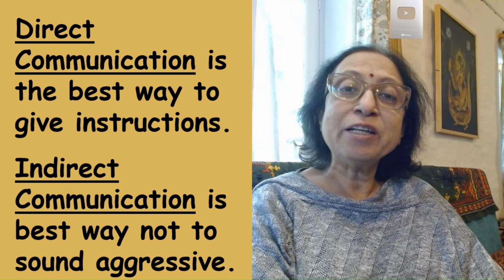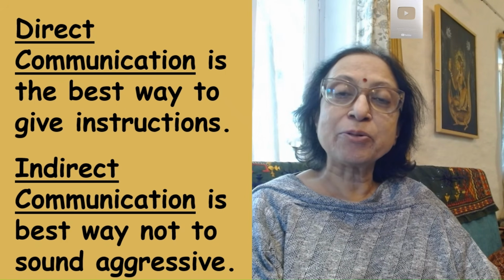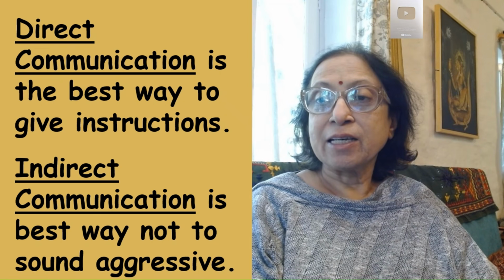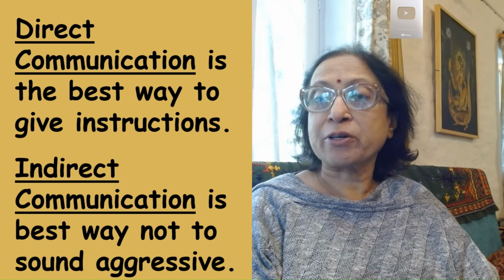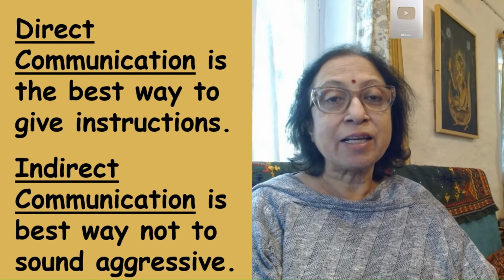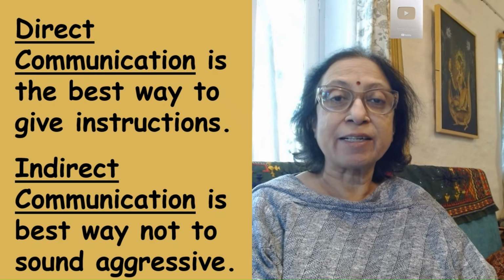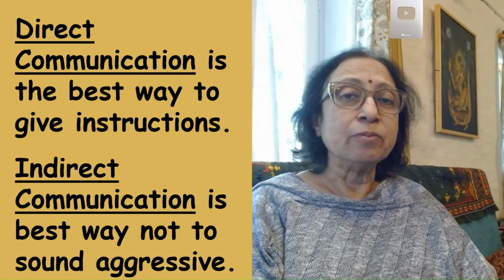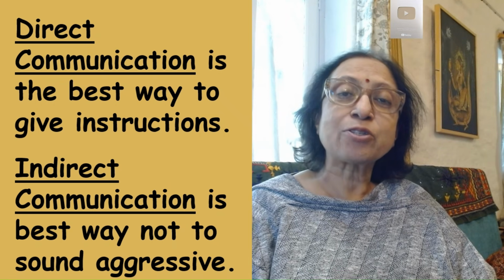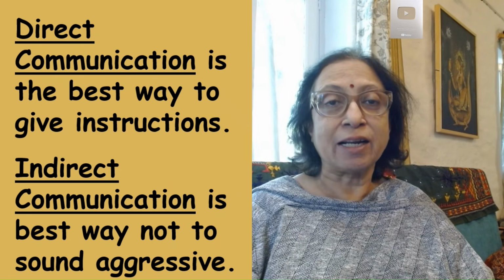Tip number 4 is where you can use it best. Where should you use direct communication which is best suited for that context? If you want to give instructions, or if you want to say something where the person has to follow whatever is said, the person has no choice, the person is not able to say yes or no to it, usually from a higher level to a lower level.